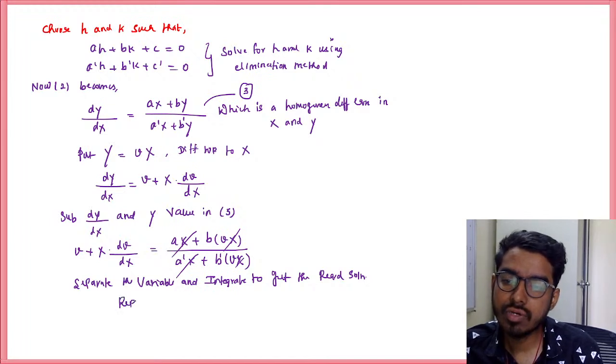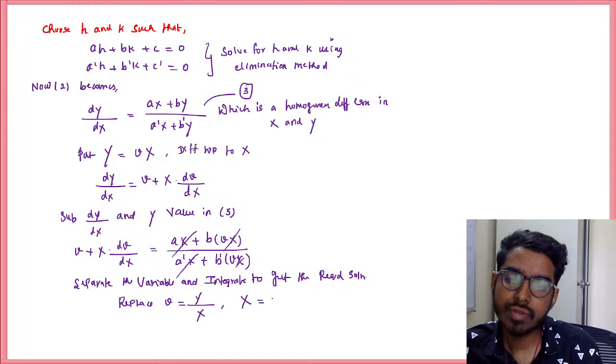What you have to do? Replace small v to be equal to capital Y by X, and wherever you have capital X, you replace that by small x plus h.